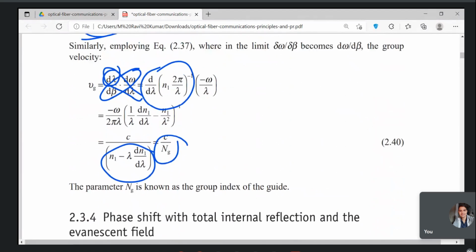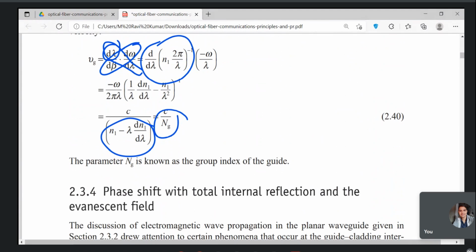If you're not able to understand this derivation, you can put it on Google Classroom. You can open it up as a discussion, and we can take it up in one of the further classes.